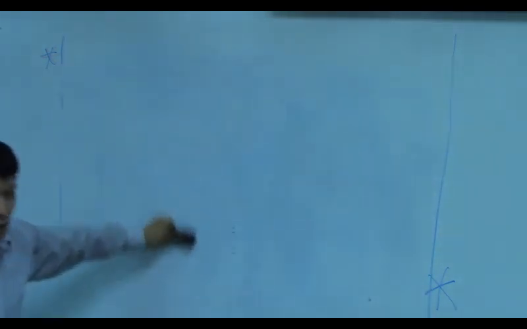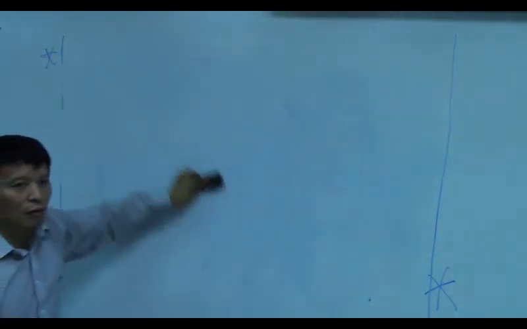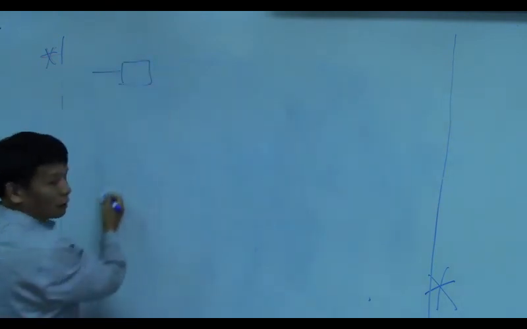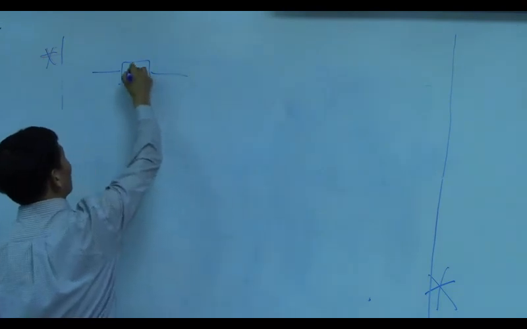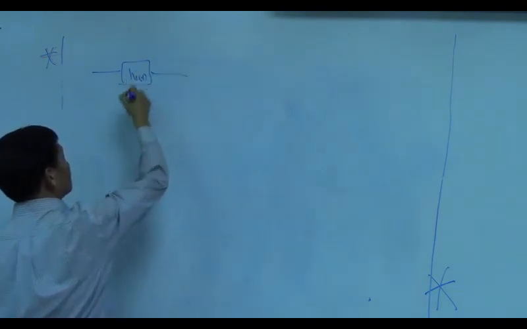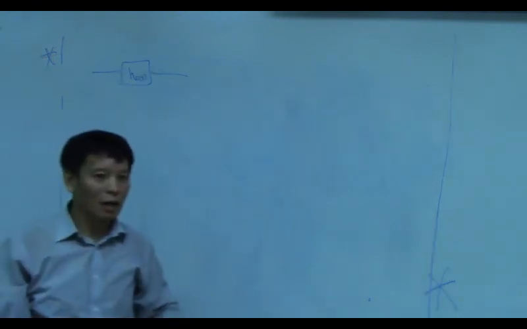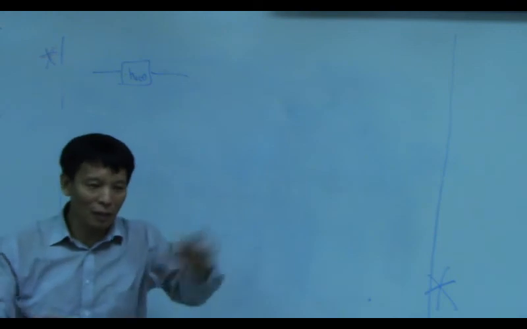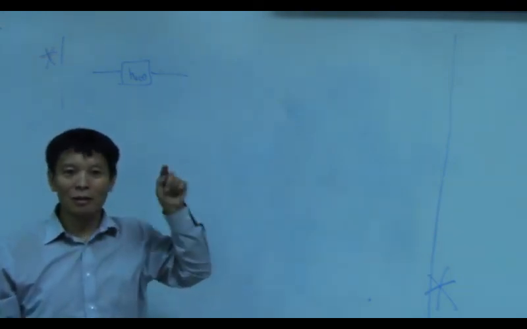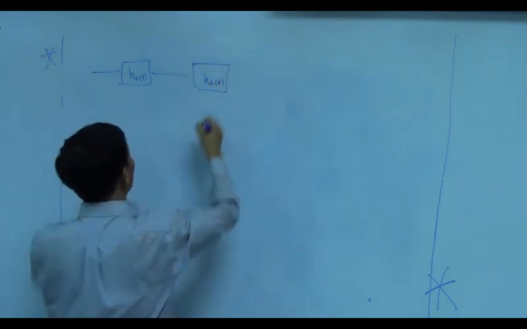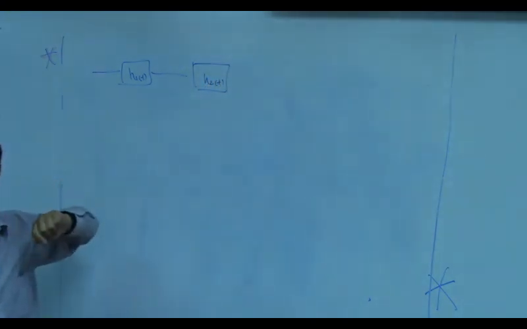Alright, now we just discuss some properties of convolutions. Suppose we have a system here, and the impulse response equals h1(t). This system can be time delay, can be integration, can be anything. It must be LTI. Now I have another one here, with impulse response h2(t).